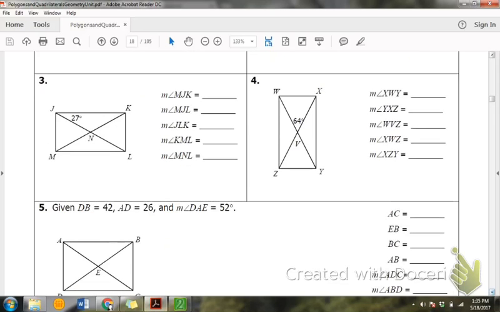No, because they're not equal, but they do what? They make 90, okay? So, Brian, you said if this one is 27, what else is 27? MLN is 27, okay? Not L. L is the two angles together. Okay, so if that 27 and whatever else has to make 90, what is 90 minus 27?